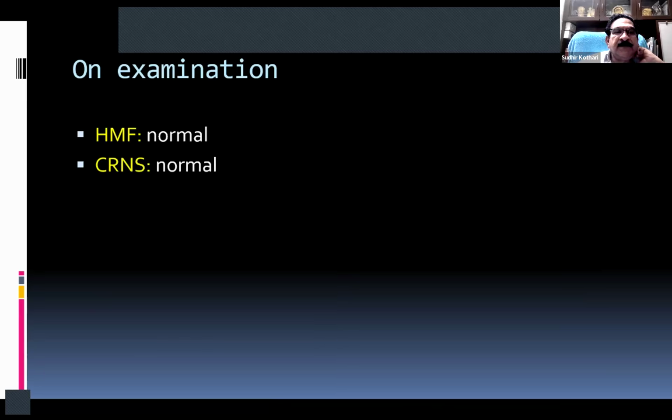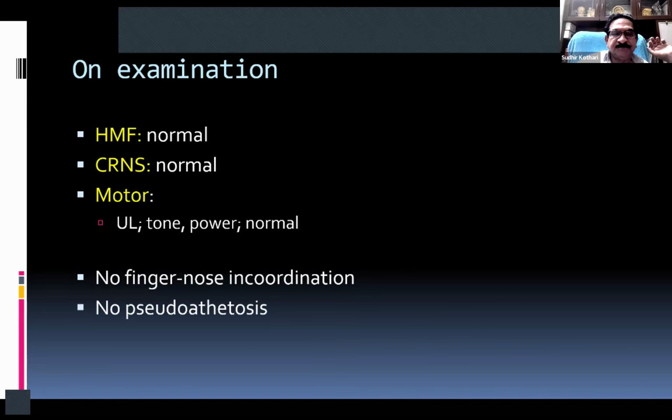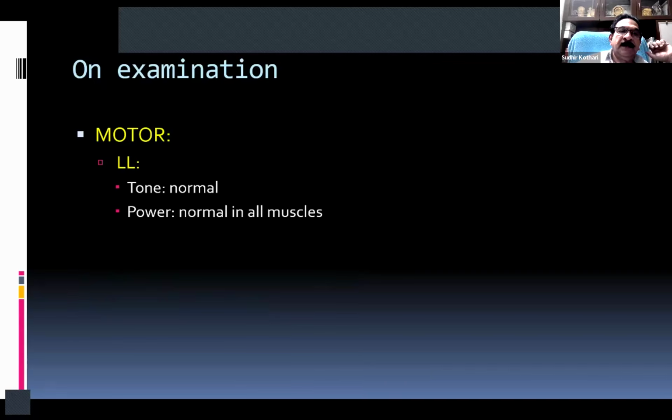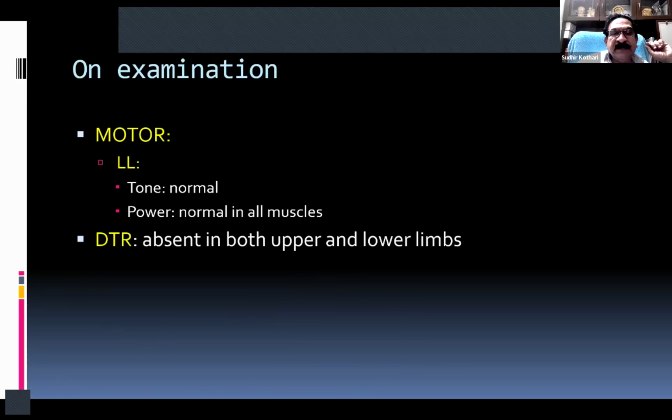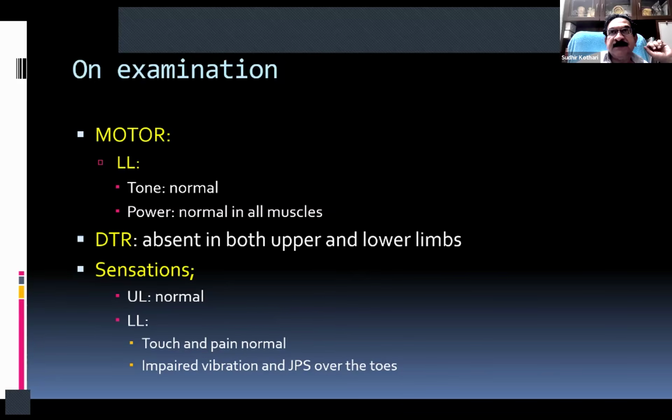Higher mental function is normal. In motor system, upper limb tone and power normal. No finger-nose incoordination. No pseudoathetosis in the upper limb. Lower limb tone normal, power normal in all muscles. DTR absent in both upper and lower limb. Sensations in the upper limb normal. Lower limb touch and pain normal.